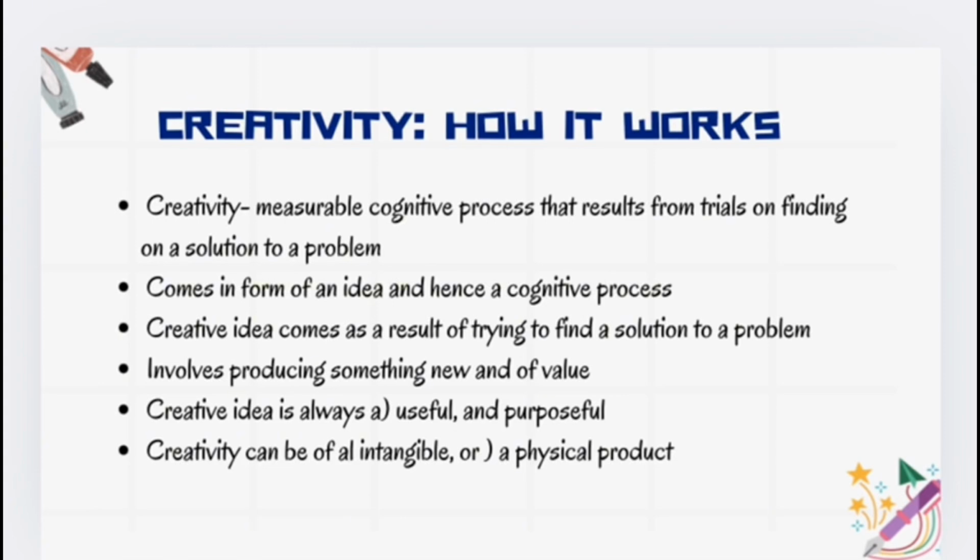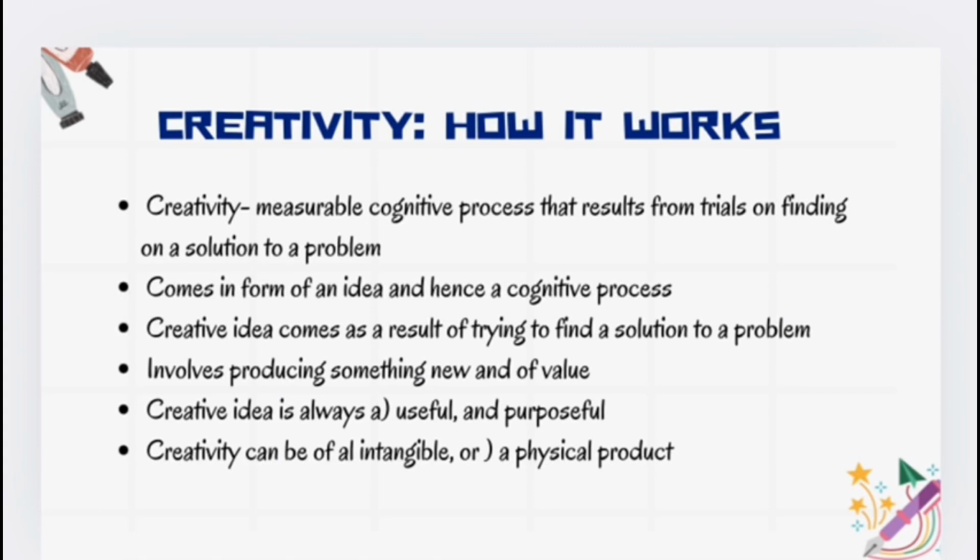So, creativity is a mental cognitive process that helps us find new, useful, and valuable solutions to a problem. It leads to the creation of ideas or things that did not exist before. Creativity as a cognitive process is something that happens in the mind. It's not random.